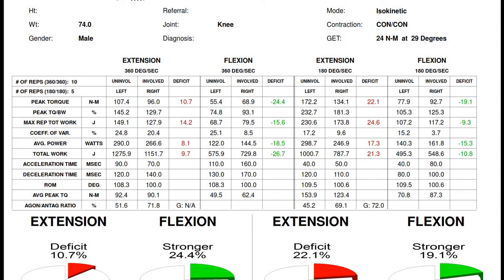However, I would interpret this to be a deficit on the right side, and a unconscious or conscious unwillingness to reduce the range of motion, perhaps through muscle imbalance, as we said, or underlying pain.